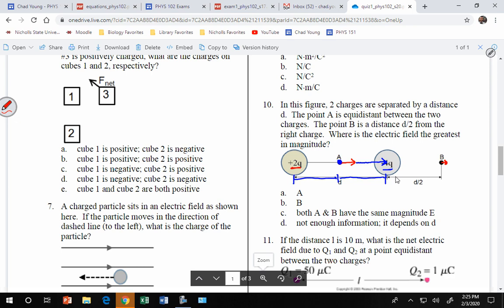So because it's 3 times that distance, it's 1/9. So I drew that vector small. I really need to draw it smaller. And then the other is going to be the same as the first blue vector that I drew. So A is the bigger one. That's the bigger electric field. I have 2 vectors in the same direction.